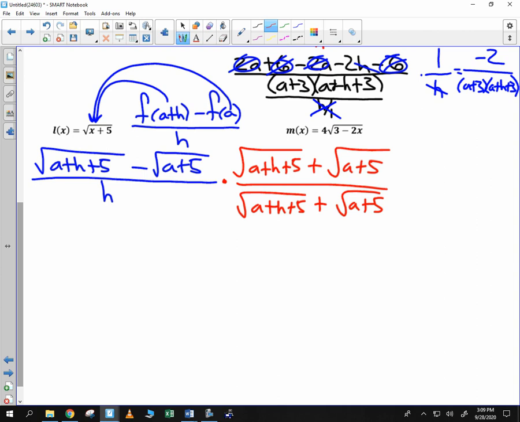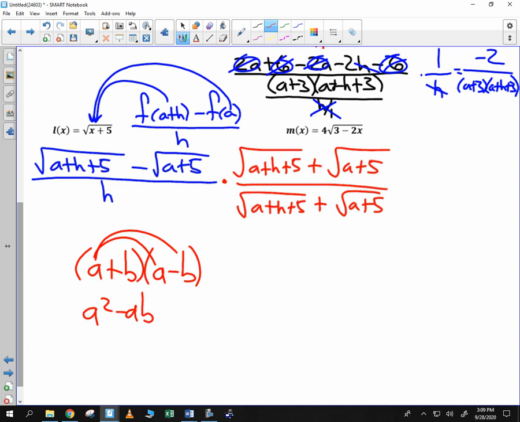And what's beautiful about multiplying by a conjugate, I'll show you: a plus b times the conjugate a minus b. When you multiply those, you get a squared minus ab plus ab minus b squared. And what happens is the middles go away. The first part is squared and the last part is squared with the subtraction sign.